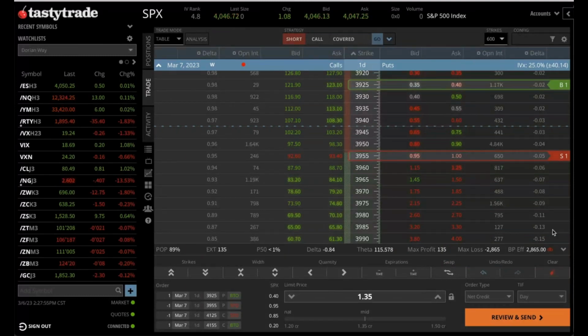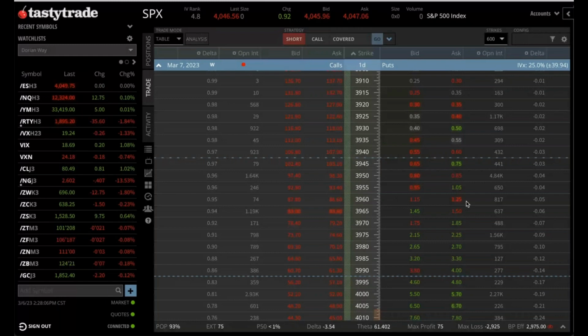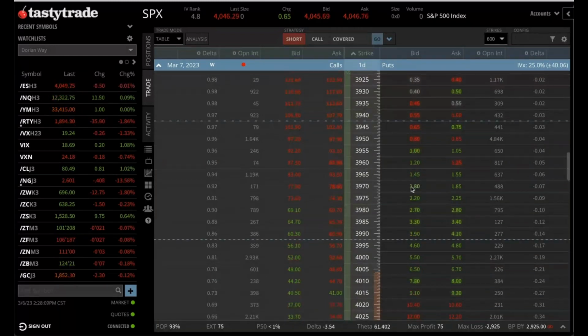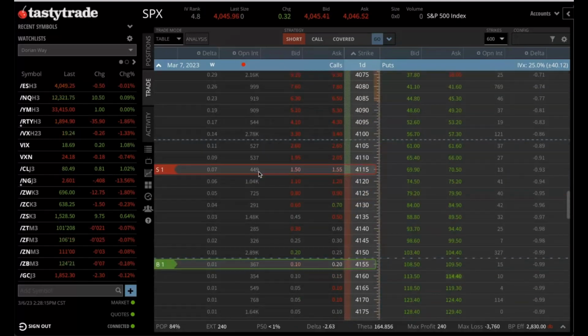So what we're going to do is take this back to 20 points wide, and we're going to move this put side up to, let's just say, the 7 delta here, and we're going to do 20 points wide, okay? And then we're going to move this call side up to a 7 delta, and we're also going to do 20 points wide.